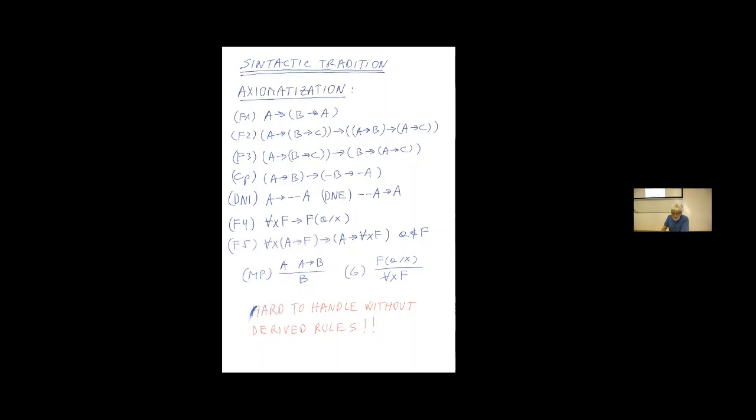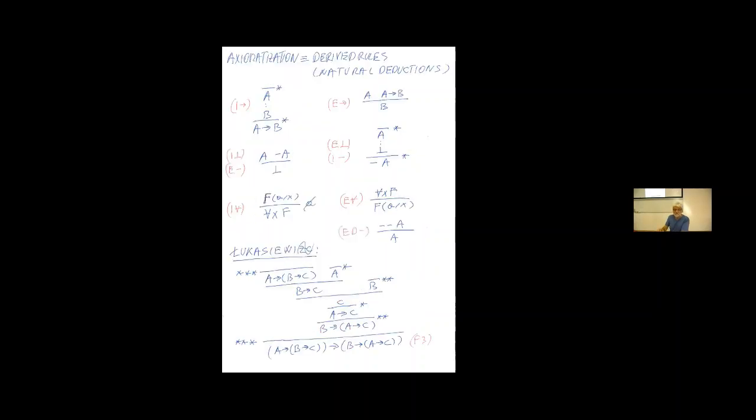So to handle it more easily, you should develop some derived rules which will make things easier. The first such derived rule, which is almost always the first one to be introduced, and was also introduced by Frege and others, is the so-called theorem of deduction.